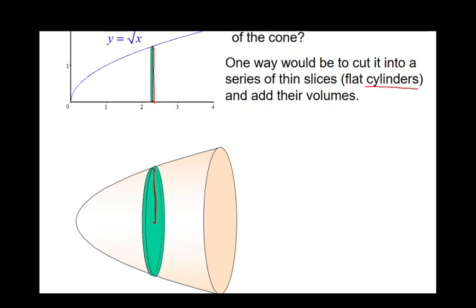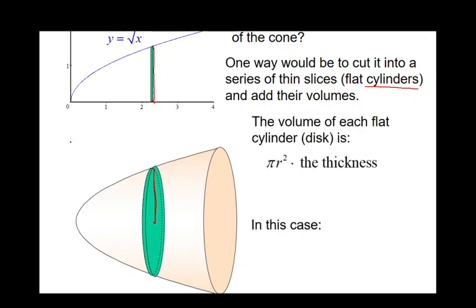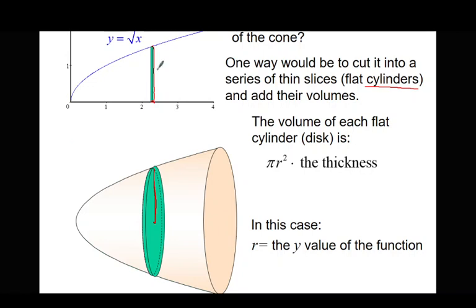I hope so. Now, the volume of each one of those cylinders is going to be the area of the circle times its thickness. In this case, r is the y value of the function. Like I said, this part right here is the radius. It comes from this distance from here to here, which is the y value.